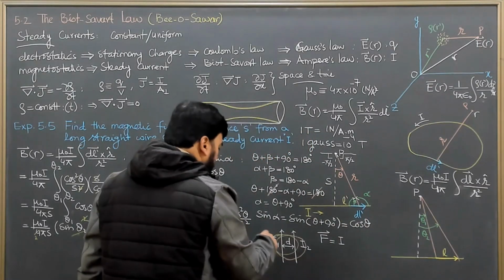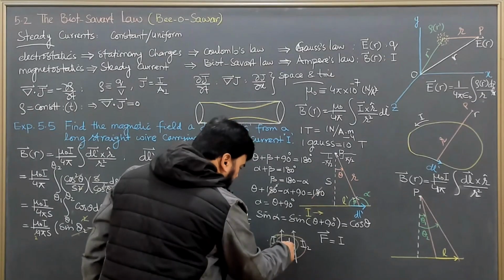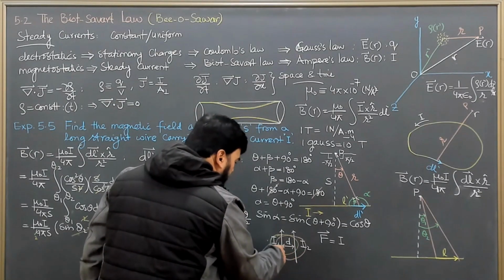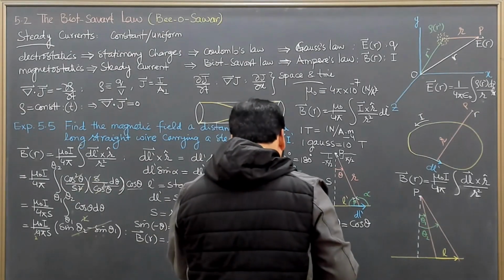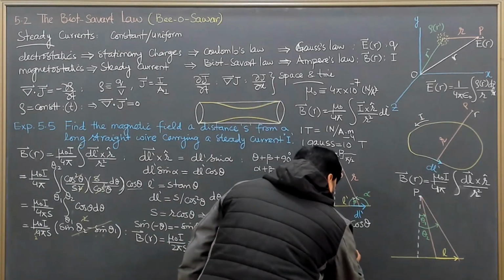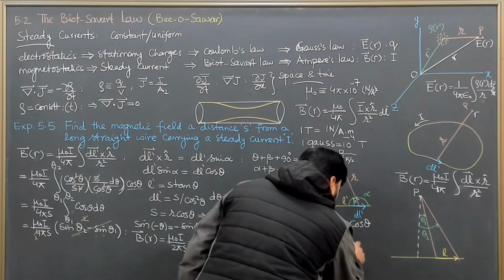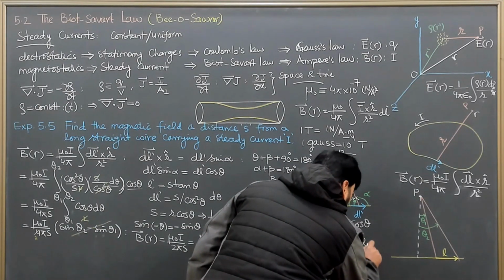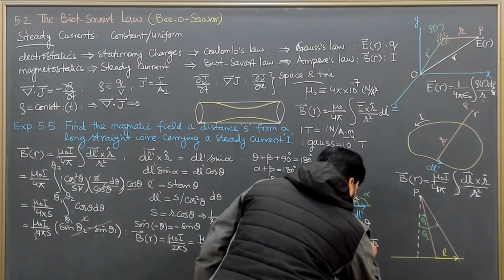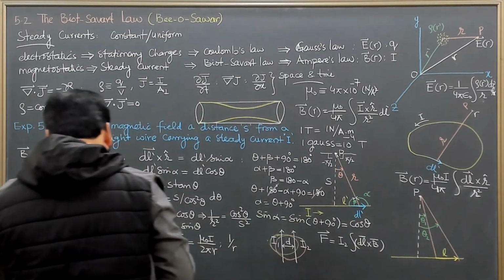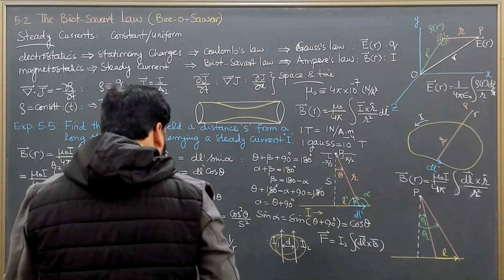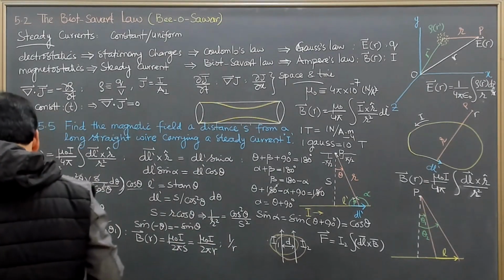If I consider this I2 wire in the magnetic field of I1 wire, then the force will be equal to I2 dl cross B.